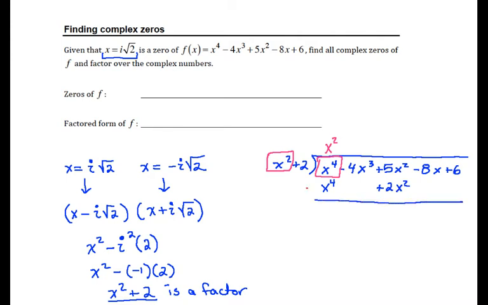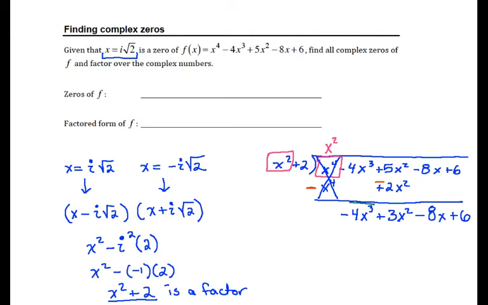I'm now going to subtract, which drops out the first terms and gets me negative 4x cubed plus 3x squared minus 8x plus 6.